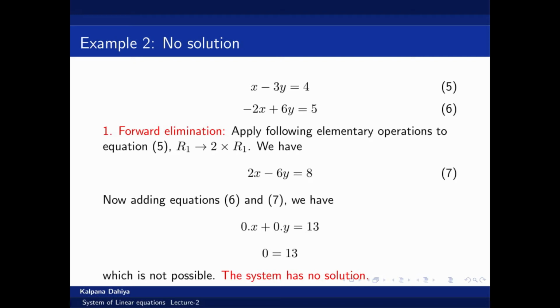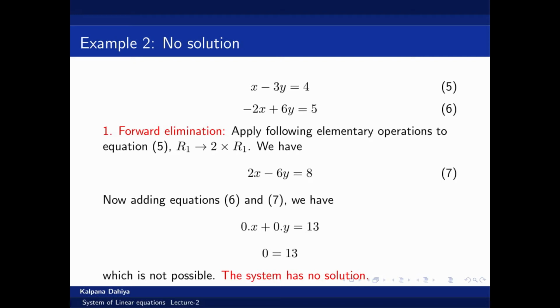I have equation number 7, that is 2x minus 6y equal to 8. Now add equation number 6 and equation number 7. We have the following equation: 0 times x plus 0 times y equal to 13. Now x and y are real numbers, so the left hand side is always 0. This implies that 0 equal to 13, which is not possible. So we say that the system has no solution.